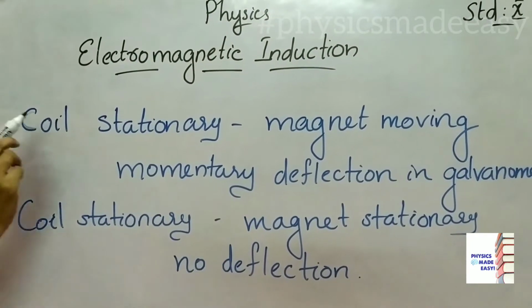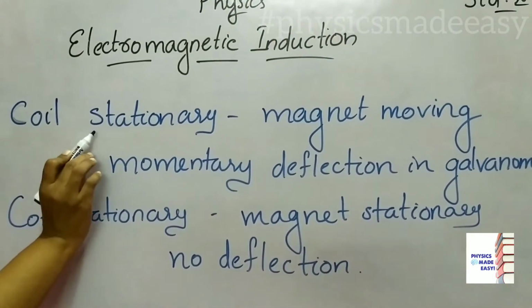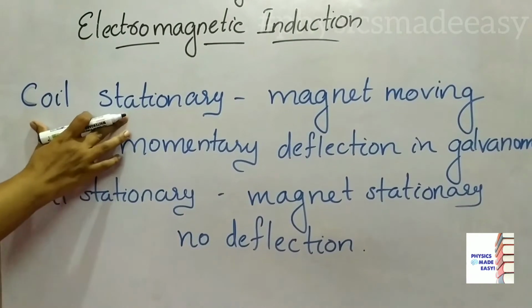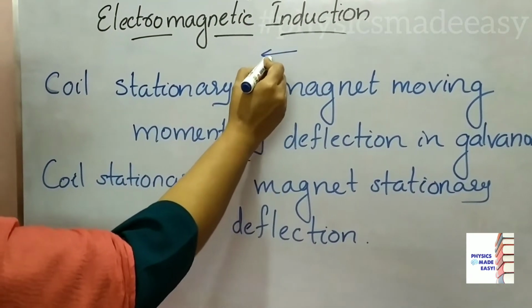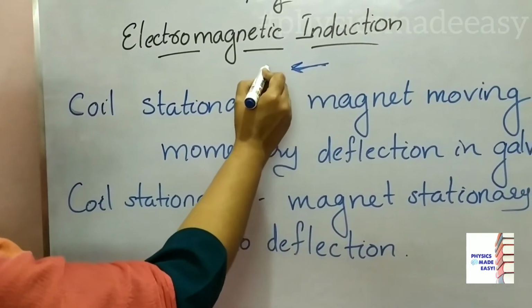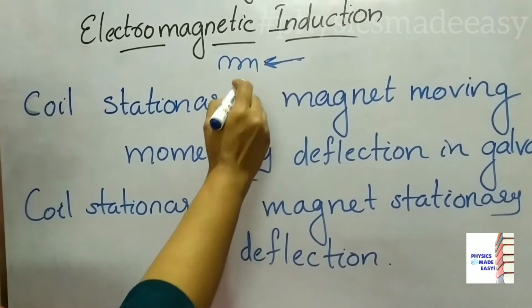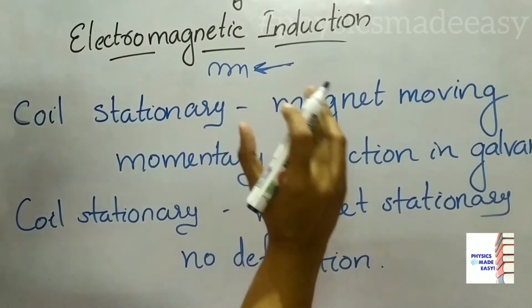Listen children, here the coil is stationary, meaning the coil is at rest and the magnet is moving. If the north pole of the magnet moves towards the end B of the coil, the galvanometer deflects towards the right.